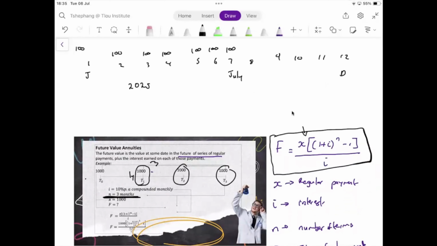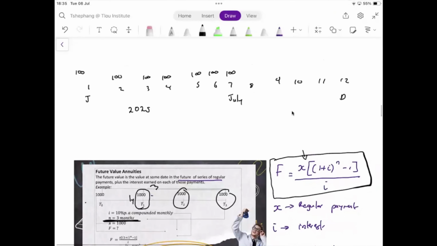The bank is giving you an interest rate of, let's say, 8% compounded monthly. You want to calculate how much you're going to have at the end of 2025. Remember, the year is not over yet, but you want to estimate how much you're going to have. As a mathematics student, you know you can use financial maths.